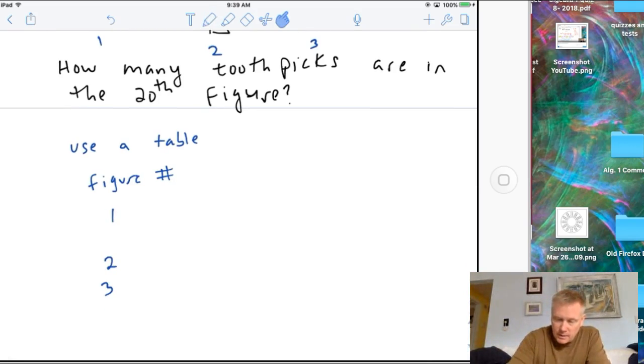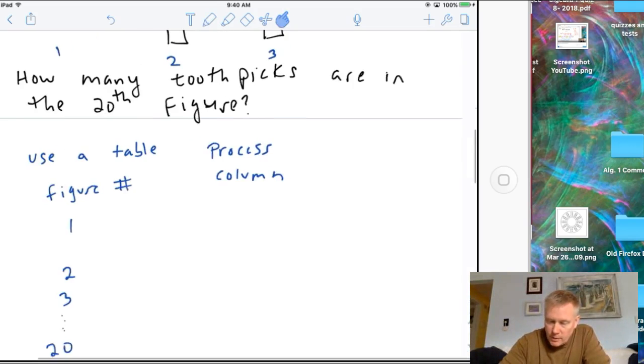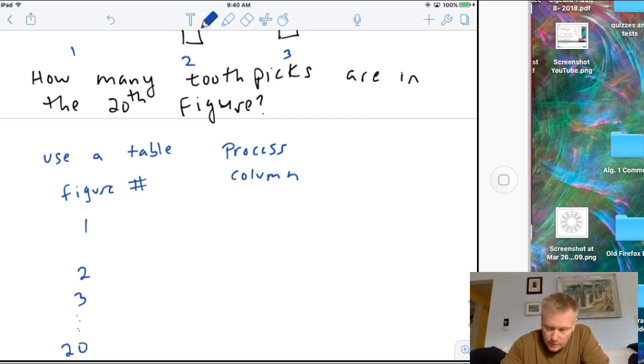And eventually I'd like that table to go all the way down to number 20. Over here I'm going to have the process column. And over here my third one will be the number of toothpicks.